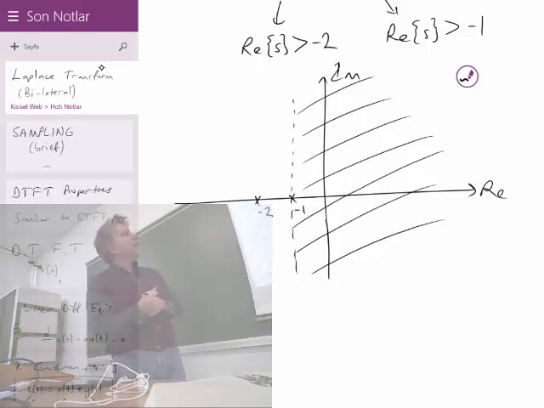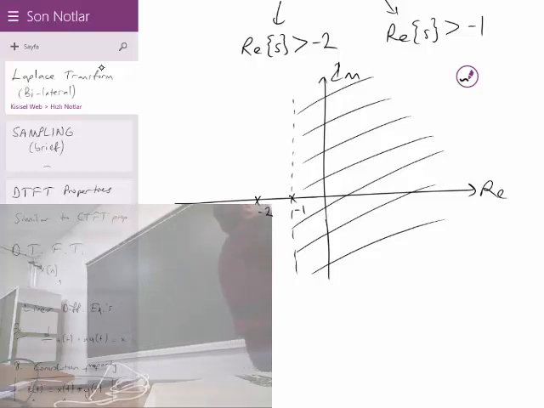So how many different regions of convergence, hypothetical regions of convergence, can we think of if you have these two poles? Which means how many different time signals these two poles may correspond to? 3. It seems like 3. What are they? One of them is this one, to the right of -1.